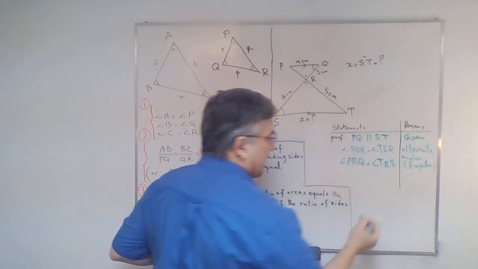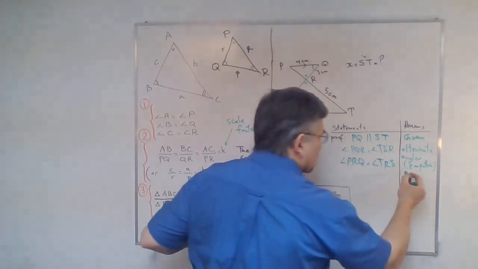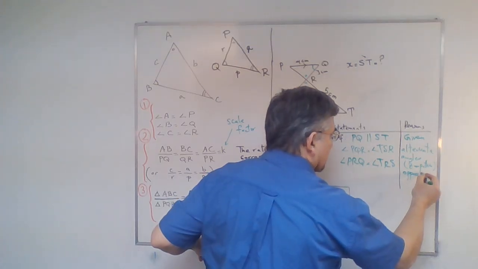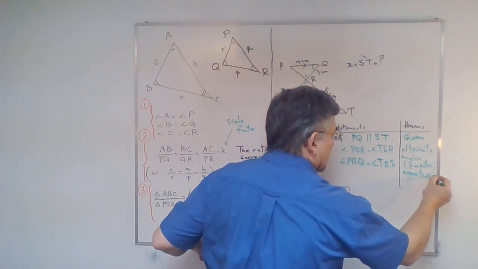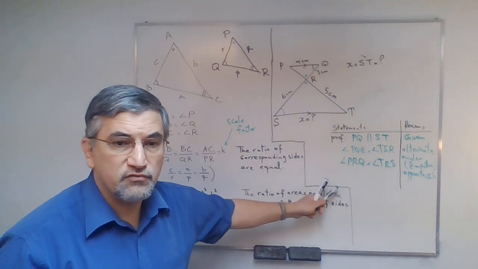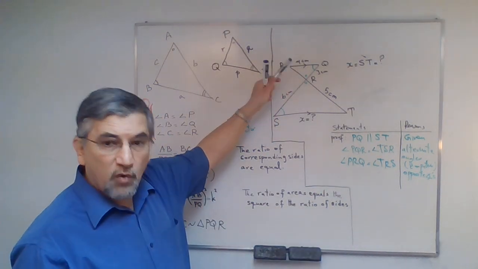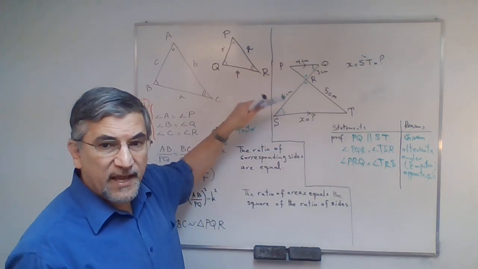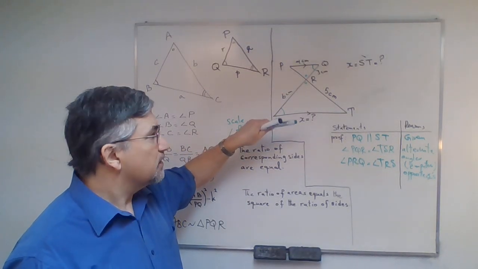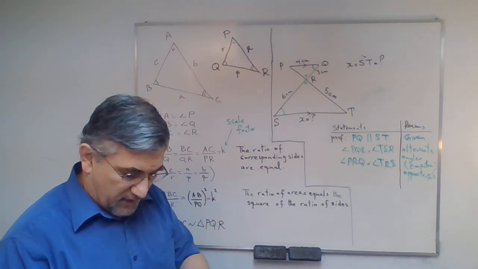And this is because these two angles are opposite angles. We know that opposite angles are equal. So I give the reason right beside the statement. Because two angles from one triangle are congruent to two angles from the lower triangle, therefore the upper and lower triangles are similar triangles.